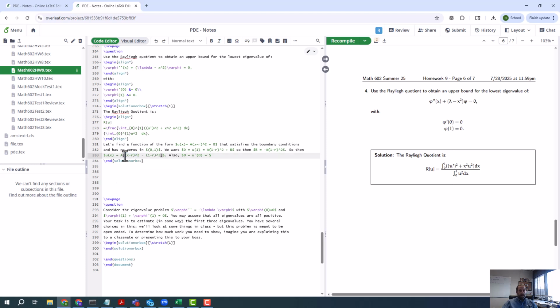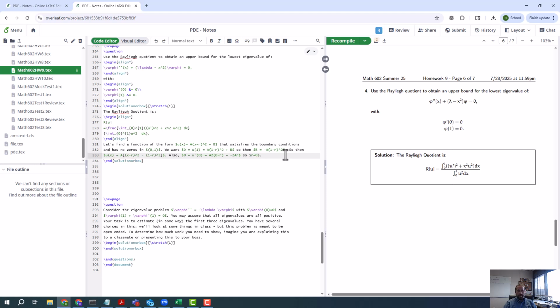So we get a times 2 times (0 minus r), which is equal to minus 2ar. If a is equal to 0, it's no longer quadratic, so that means r is equal to 0.